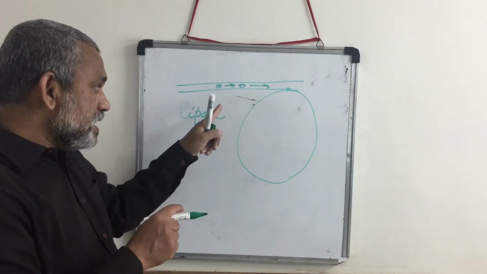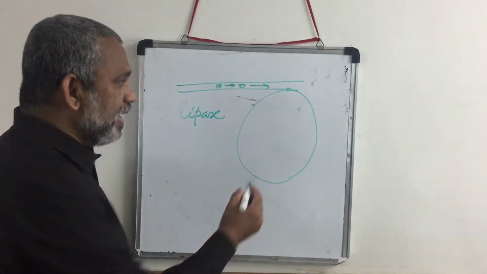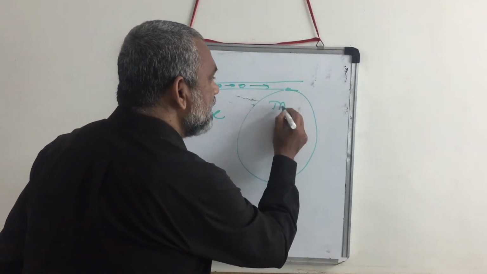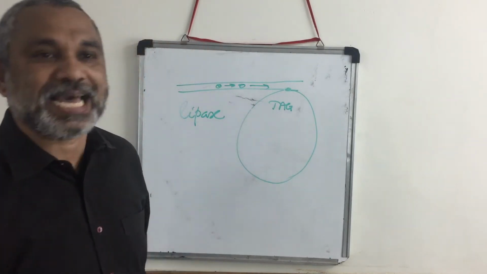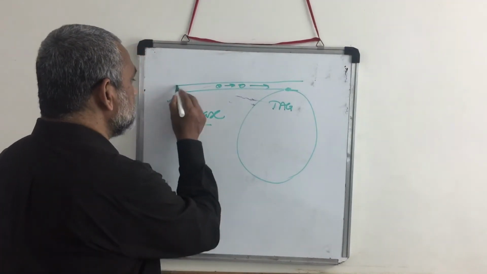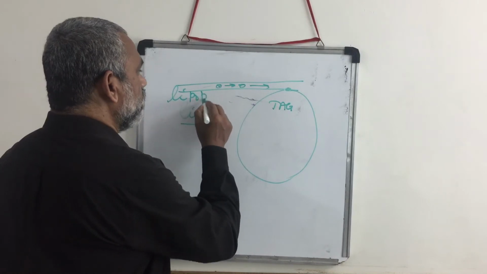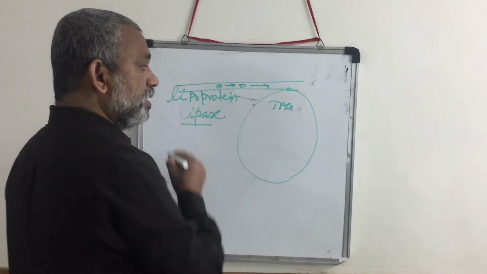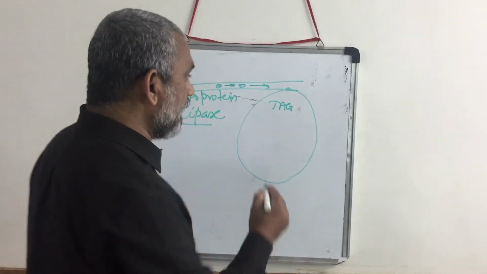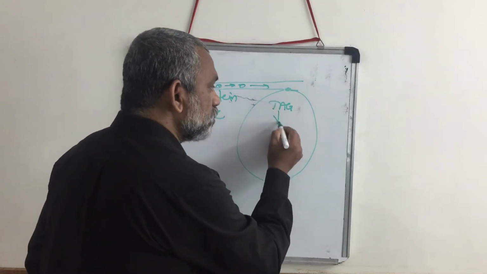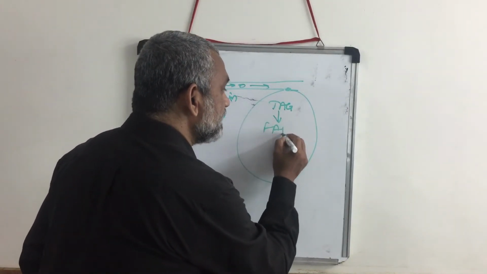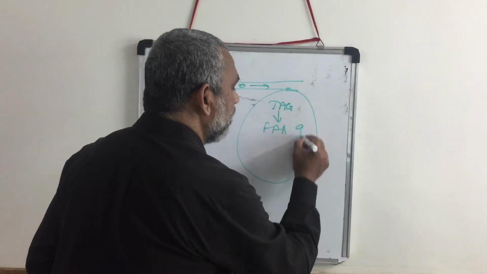By acting on this, it will dissolve, and the triacylglycerol is taken inside. These are the lipoprotein lipases, and they are very specific. The lipoprotein lipases act on triacylglycerol, so you will have free fatty acid and glycerol.